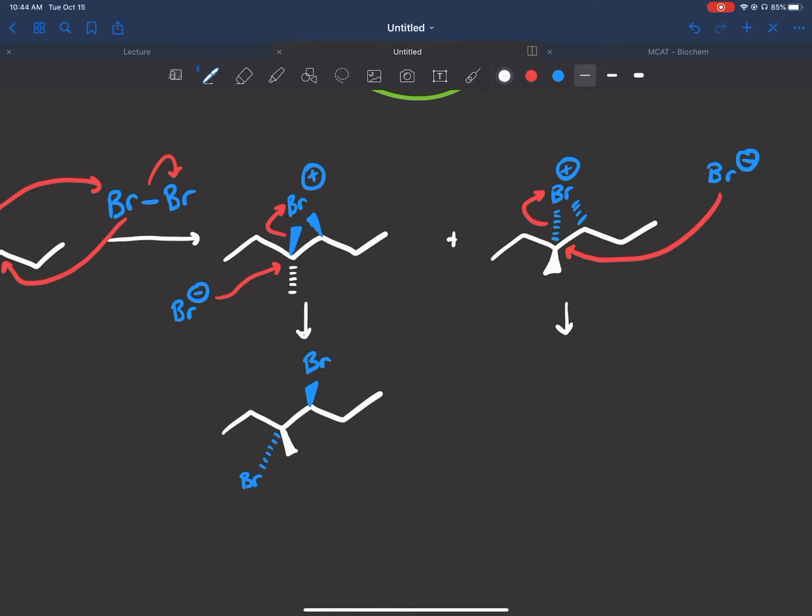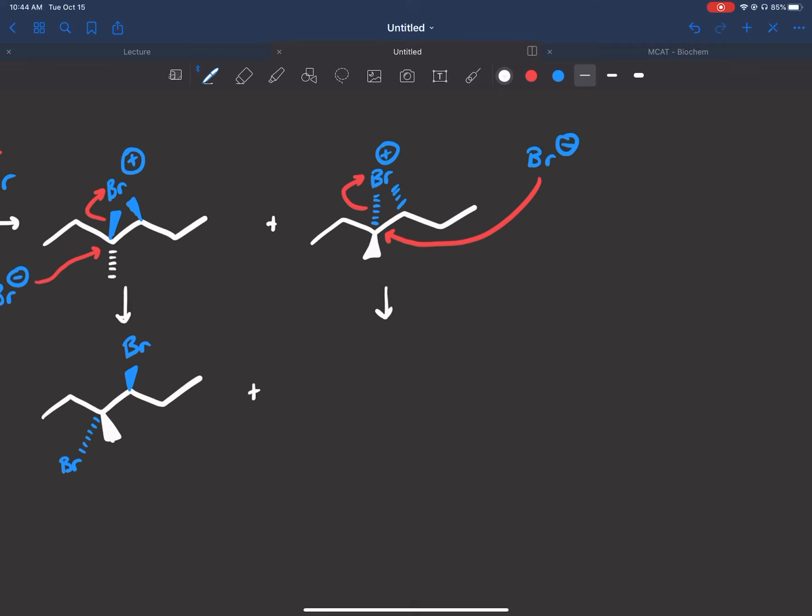Let me draw that better. And in the other scenario, this one is now going to form dashed. Remember, the Br that was part of that bromonium ring intermediate, on the least substituted carbon, retains the stereochemistry.